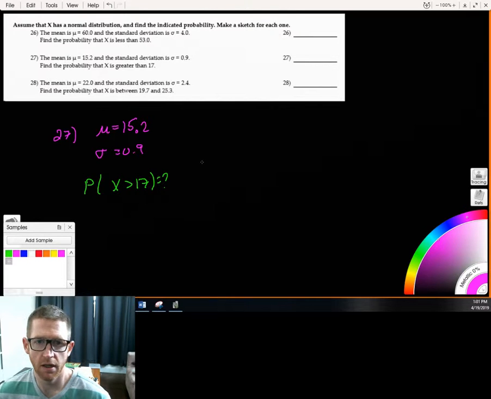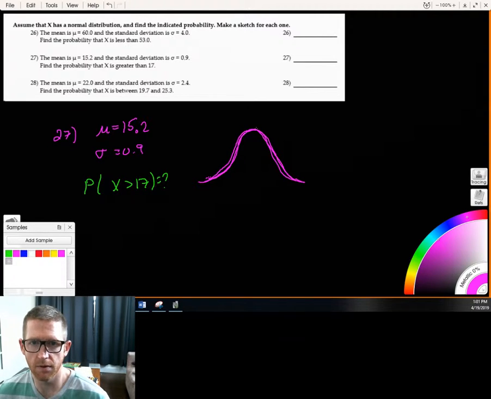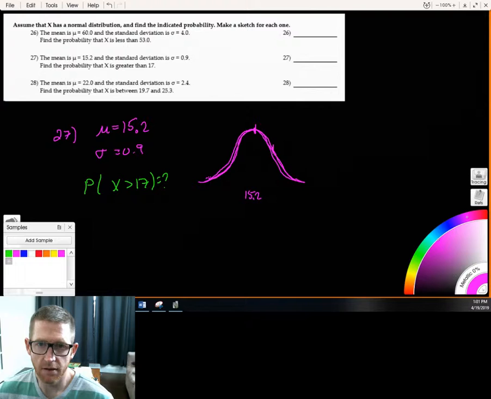So here we're told again that it's a normal distribution function, so it's supposed to be symmetric. With the middle, the median, being the mean, 15.2. One standard deviation above would be 15.2 plus 0.9, so 16.1.